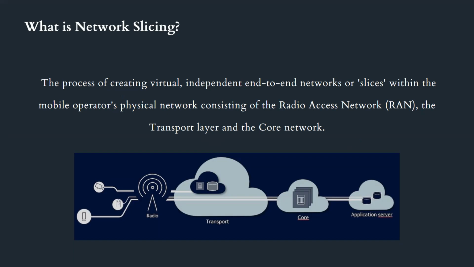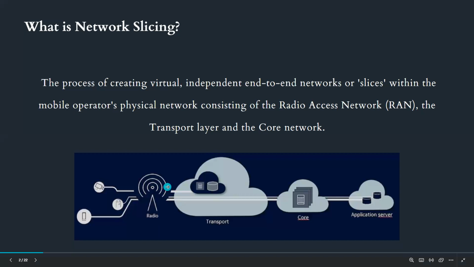A slice is a virtual network that you create on top of a network infrastructure that consists of the RAN or radio access network, the transport network, and the core network.